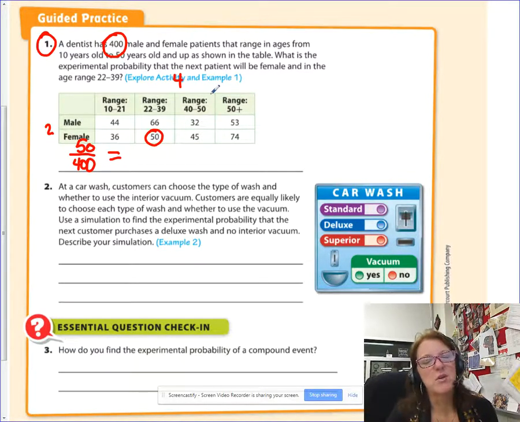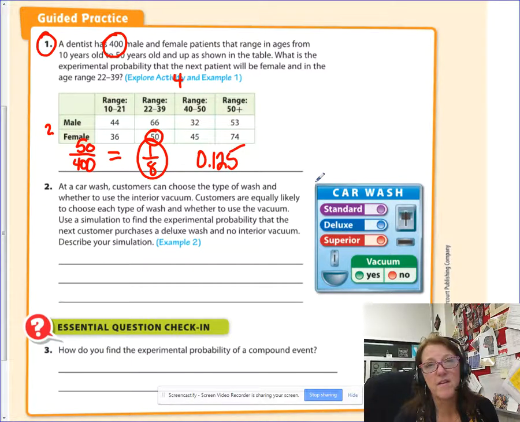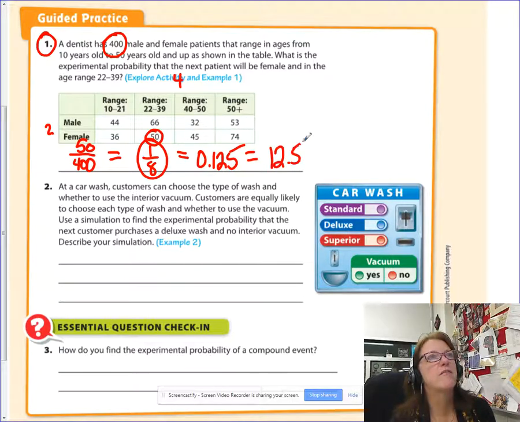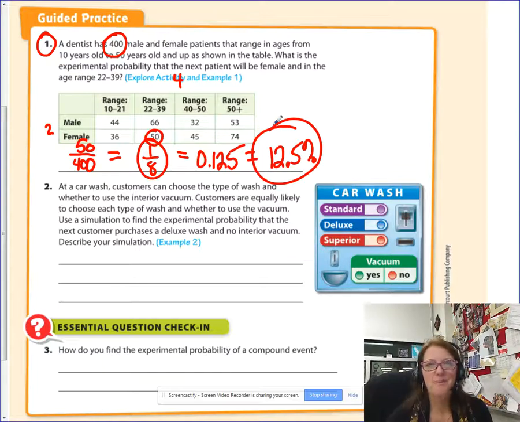Pretty much any time you get a fraction that's not in simplest form, rewrite it that way, okay? Final answer should be 1/8. You may leave it that way if you want to turn it into the decimal 125 thousandths. That's fine. That's also equivalent to 12.5%. Okay? Boom. There you go.